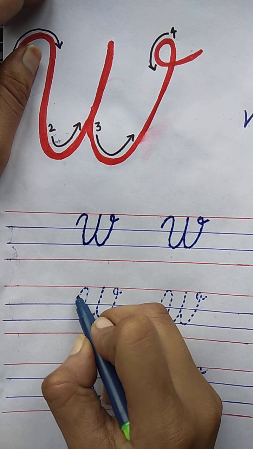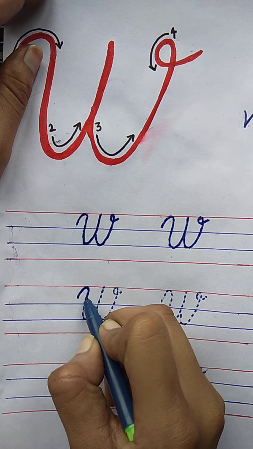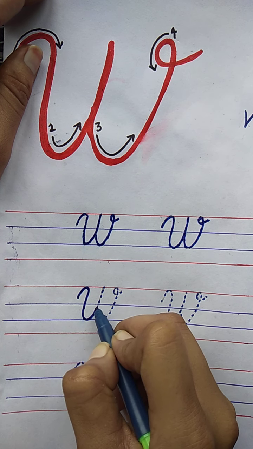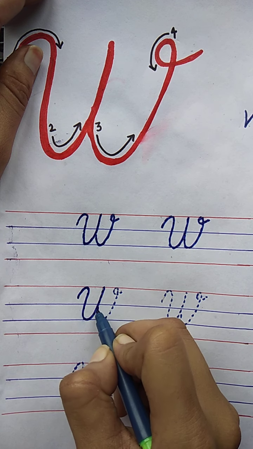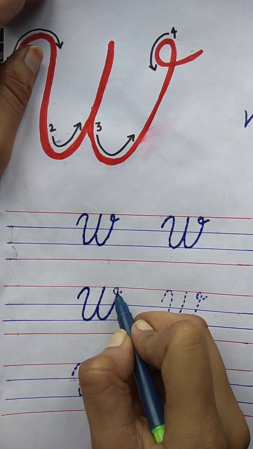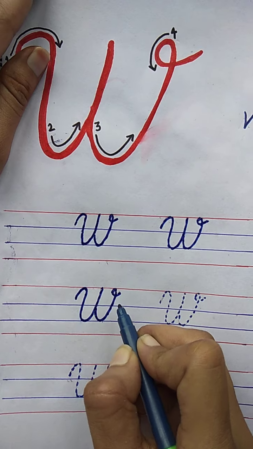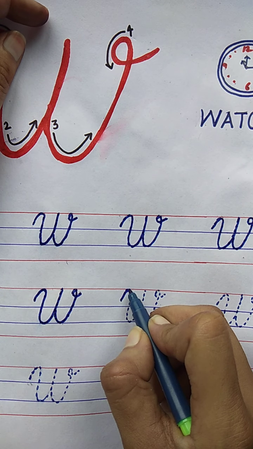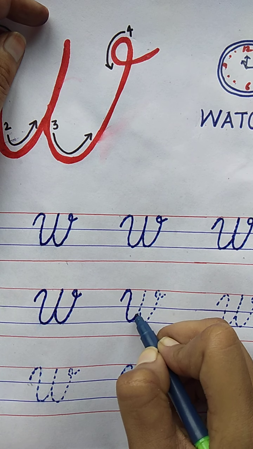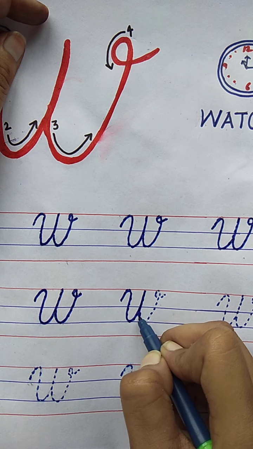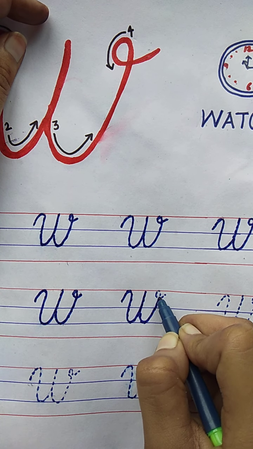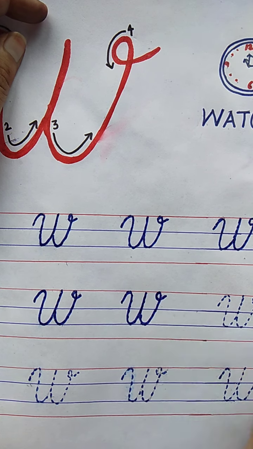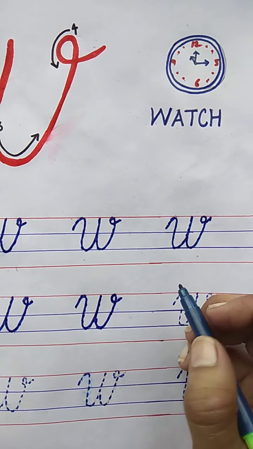Draw the W. Match the dots. Slanting line. Slanting line. Curve. Slanting line. And a loop. See here. W for watch. Again. Speak with me. W for watch. You have to draw very neat and clean.